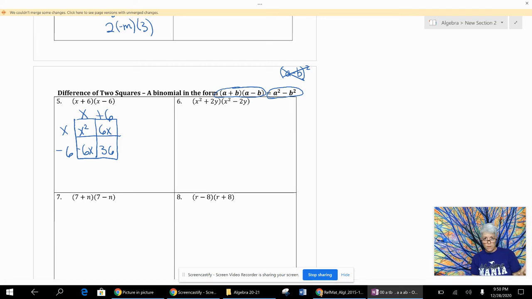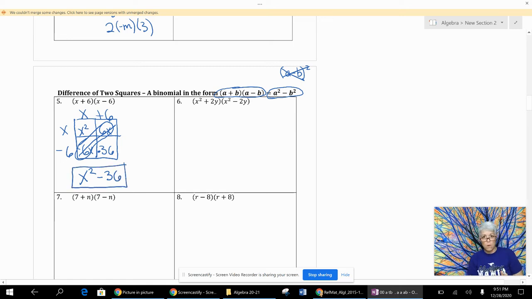So, okay, if you don't see the pattern, it's okay. But the middle will always cancel itself out. That's a positive 6x and a negative 6x. They're just going to go away. So I'm left with x squared, and then I have a, whoops, that should be a negative 36.